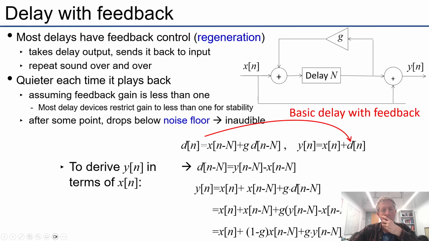And then we simplify that to get output, y of n, as a function of input x of n plus previous input plus previous output. So all we do is we have this dummy variable d of n here.